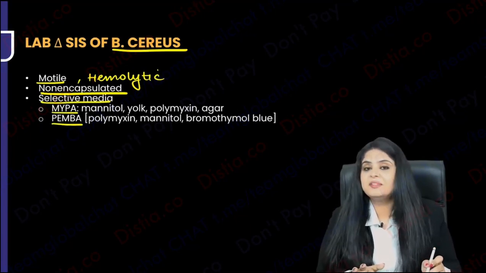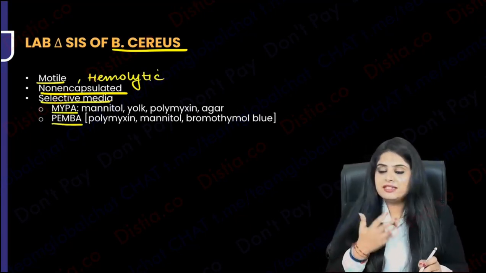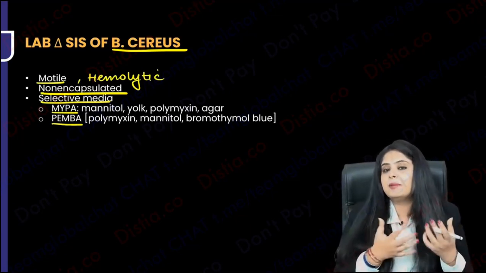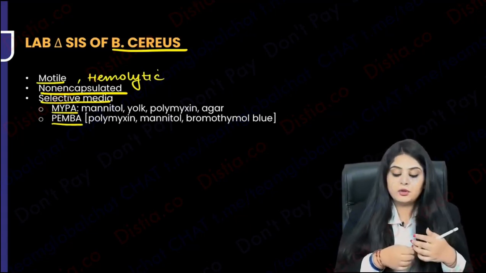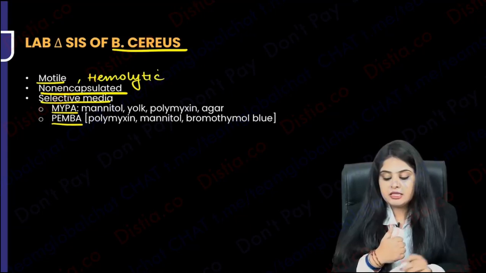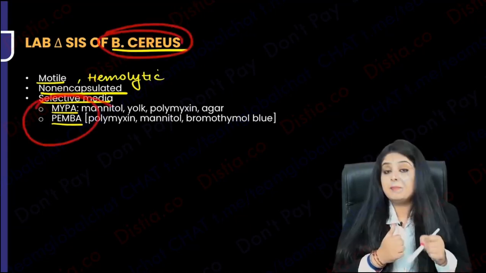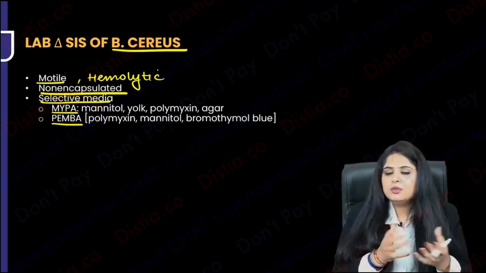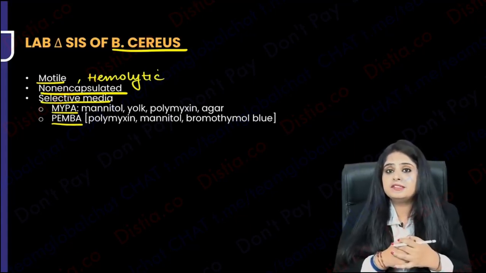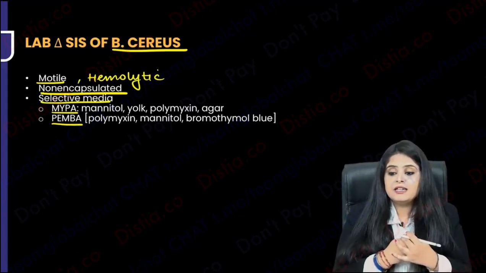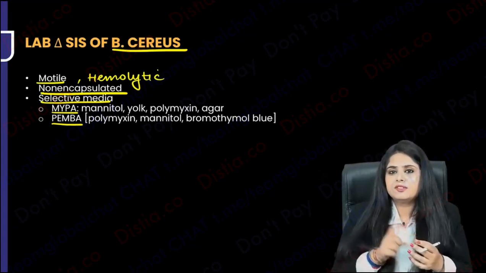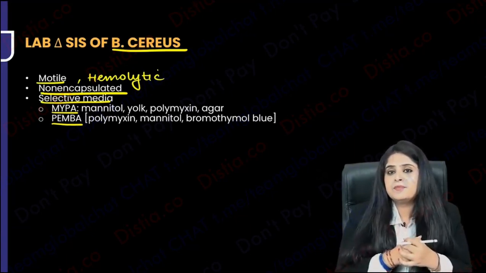Okay, one day I was reading through this, and I was again and again saying these words in my mind, MYPA, PEMBA, because I wanted to make a mnemonic for all of you. How should I make you learn that Bacillus cereus is going to have MYPA, PEMBA in it? Suddenly I got reminded of something from I think 2 years ago, a very famous clip that went viral over social media and news channels, when Mamata Banerjee used some words, rumba.